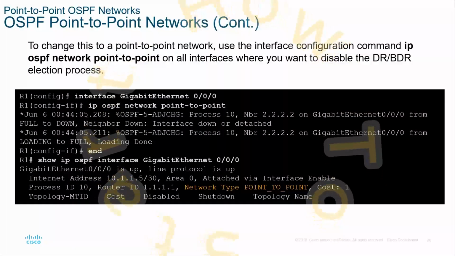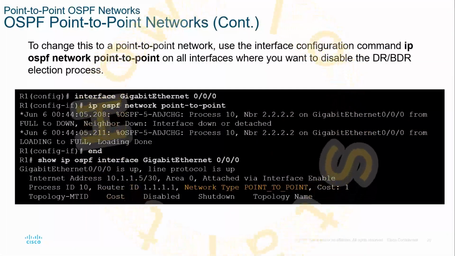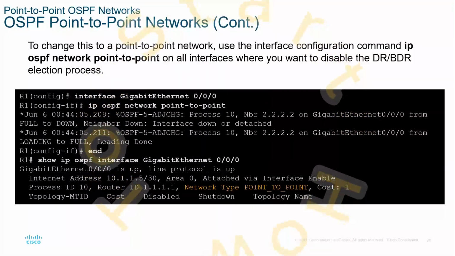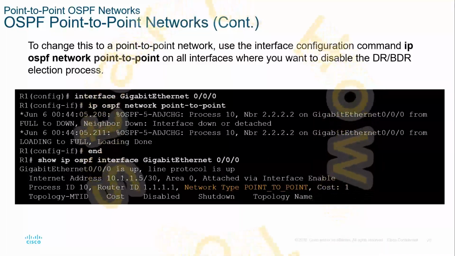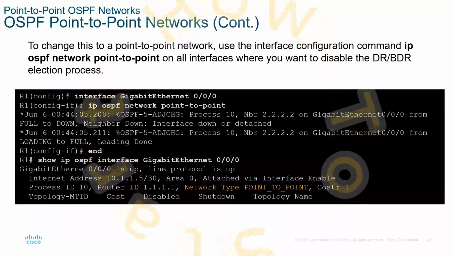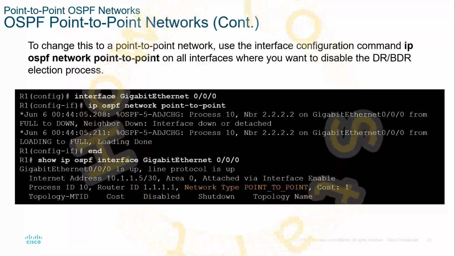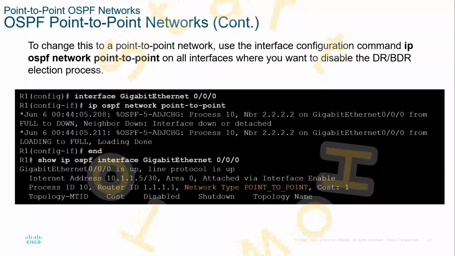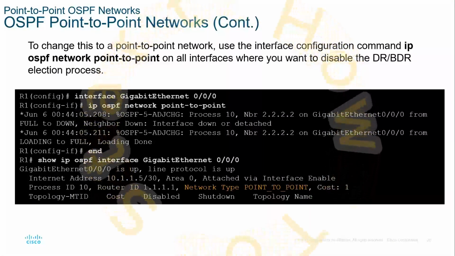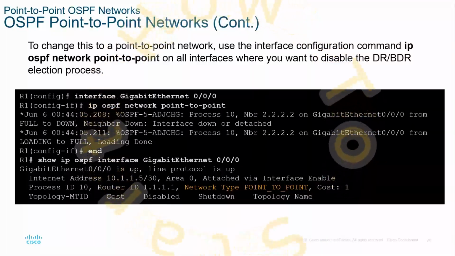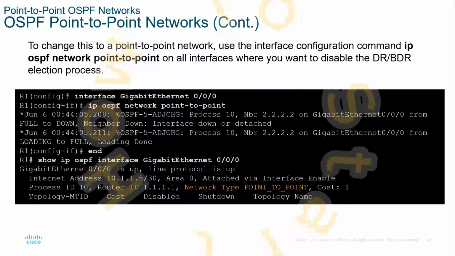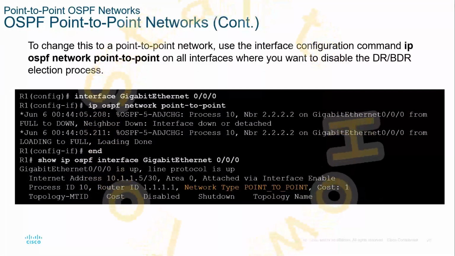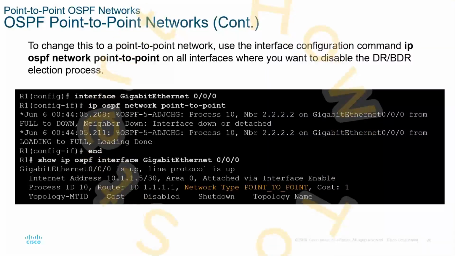To change this to a point-to-point network using the interface configuration command, we could do an ip ospf network point-to-point on all of the interfaces where you want to disable the designated router, backup designated router election process. If it is just a point-to-point, like between one router and another router, and there is no additional connectivity there, you can set just a point-to-point underneath the interfaces.